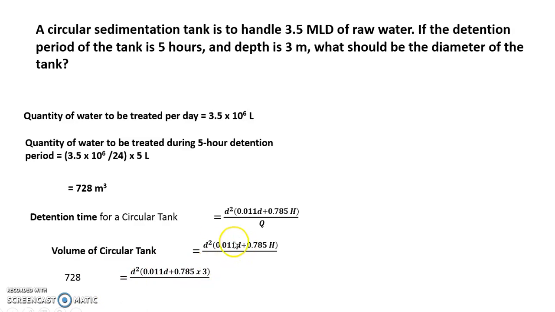If you rewrite this, you will get an equation in d cube. So you'll get a cubic equation, and for a cubic equation you can have three solutions. If you solve that equation, you'll get three solutions for d: d1 equals 17 point something meters, d2 equals minus 203 point something meters, d3 equals minus 18 point some odd meters. d2 and d3 are negative, so you cannot have a negative diameter for a sedimentation tank.